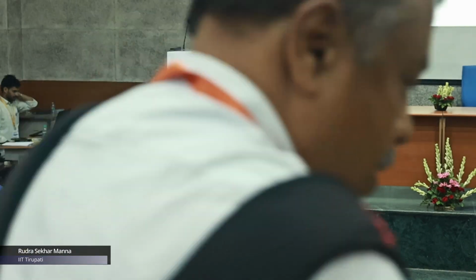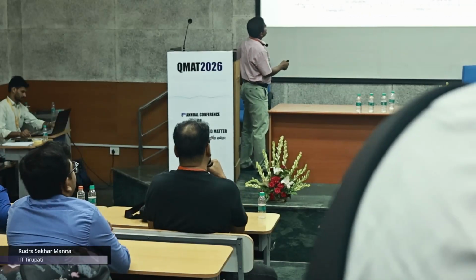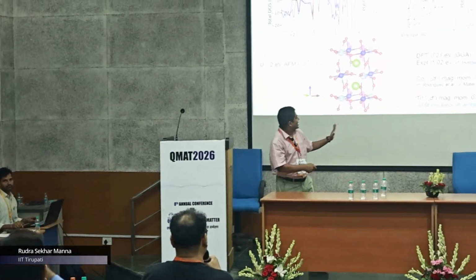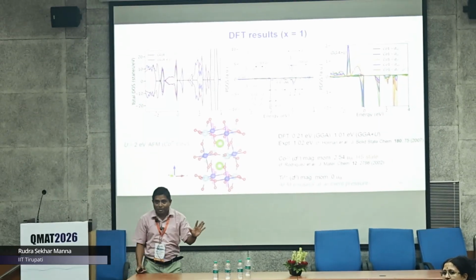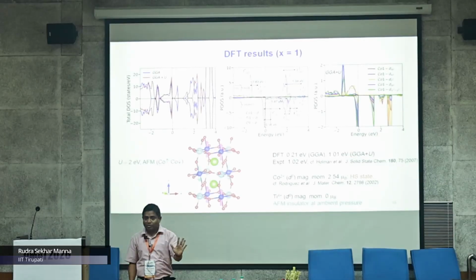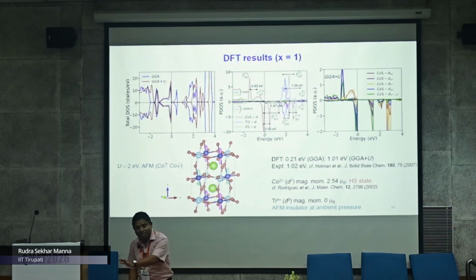For this system, for x equal to 1, what we did was very simple. We have an experimental value. When you don't have any U value, the gap value is quite small compared to the experiment. Then you keep on increasing U, and we try to get a value comparable to the experiment.